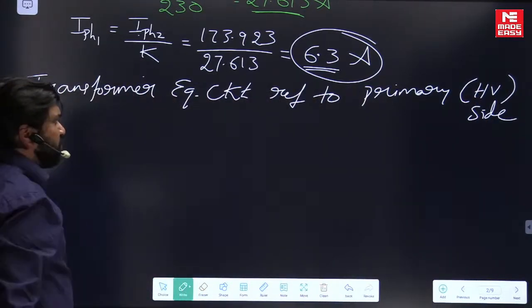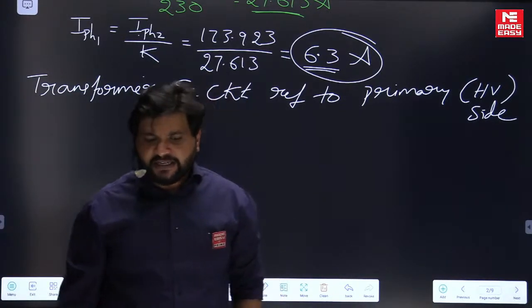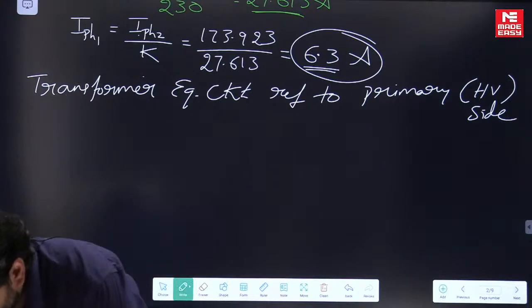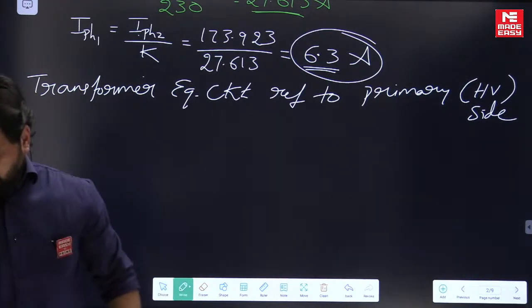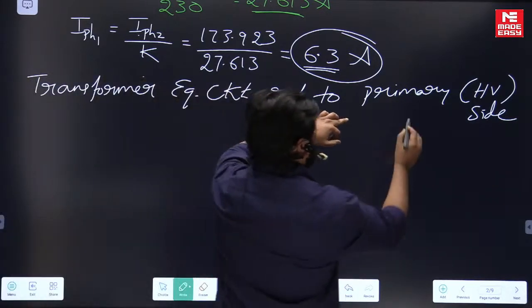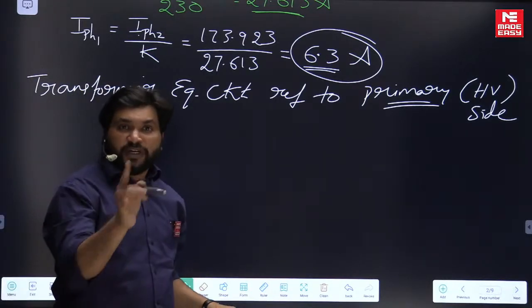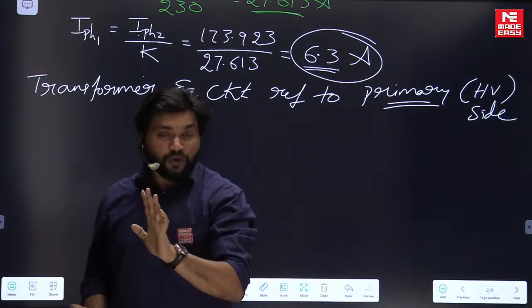Now, the transformer equivalent circuit referred to primary side. Why primary side? If you notice, the question contains the primary voltage. So I'm going to the primary side, but the impedance is already referred to the LV side. When the impedance belongs to the LV side, if you want to refer it to the primary side, multiply by K square.